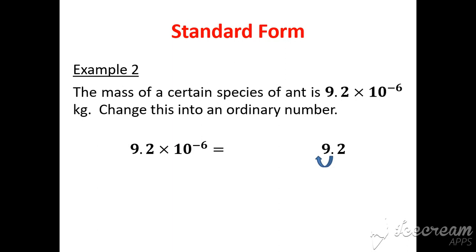Once, twice, 3, 4, 5, 6 times. This is where the decimal point will be, and we fill up all these spaces with zeros. So the number is 0.000092 kilograms. We put a 0 out the front to represent no whole numbers, and that's our final answer.